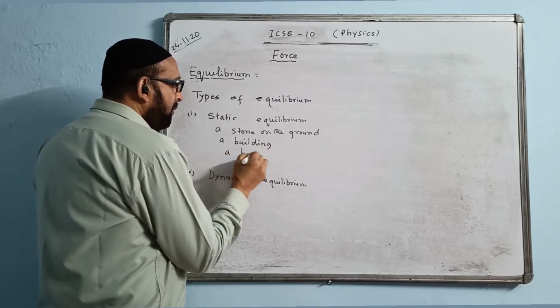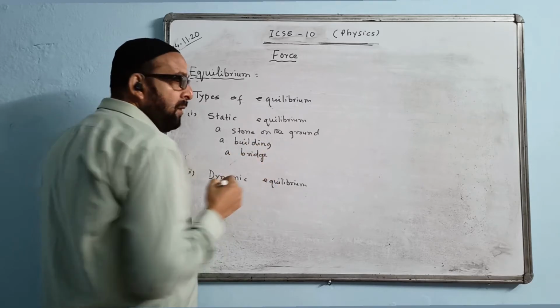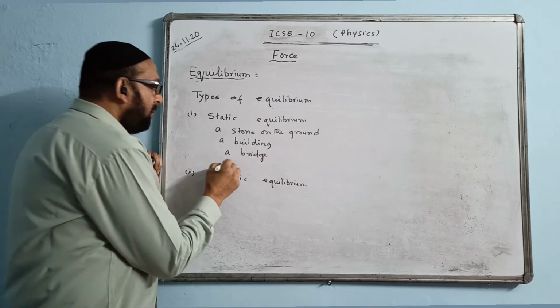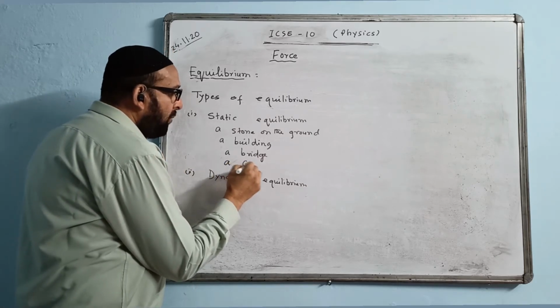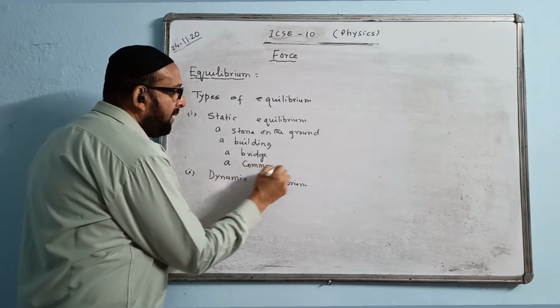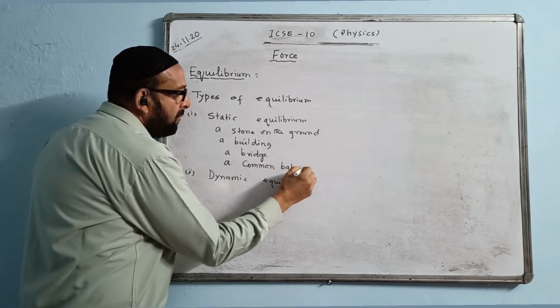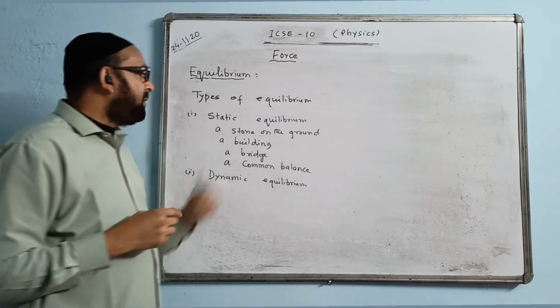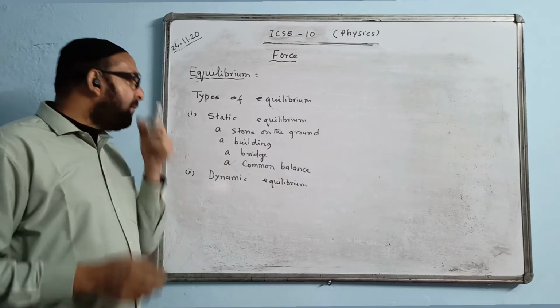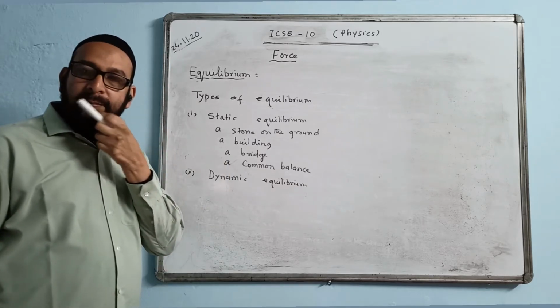A building, a bridge, or a common balance. These are all examples of static equilibrium.